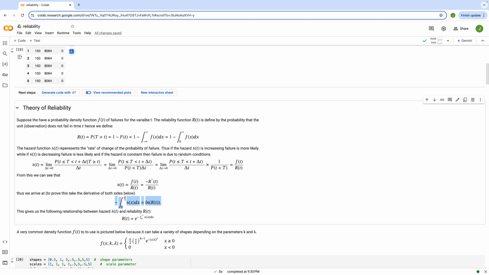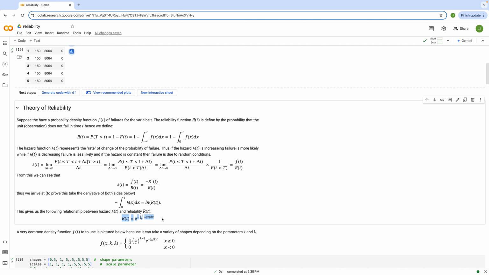The left-hand side would involve the fundamental theorem of calculus. The right-hand side involves using the chain rule and the derivative of natural logarithm. When you differentiate it, you'll get this piece above, and that's how you would prove that those two relationships are equal. If we solve for reliability in this formula, we get this equation here, and that is a classical formula for reliability.